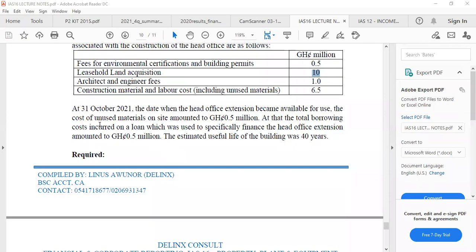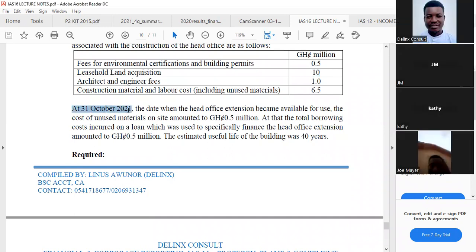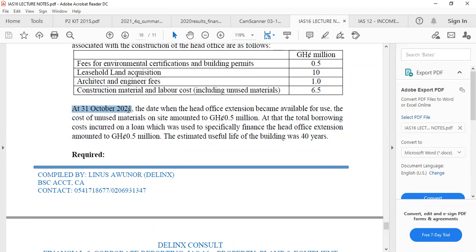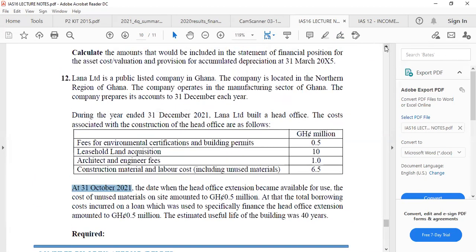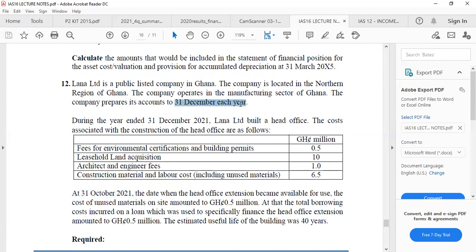Okay. The solution. After the table, what my boss is saying is different from what you are saying. The reason why I multiplied the depreciation by 2/12 is that the question says that at 31 October 2021, the date when the head office extension became available for use, they start using the building from 31 October 2021. But the reporting period for this company is 31 December each year.